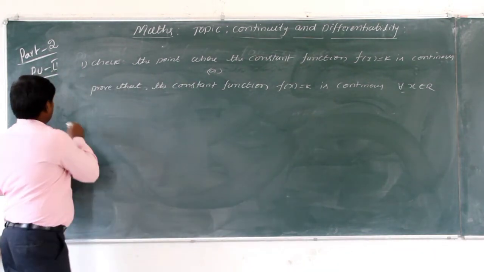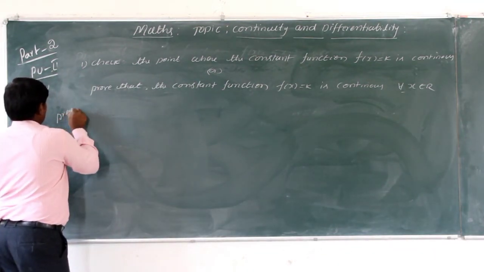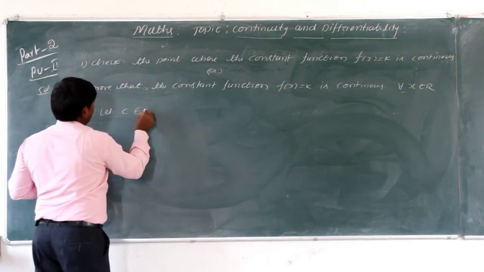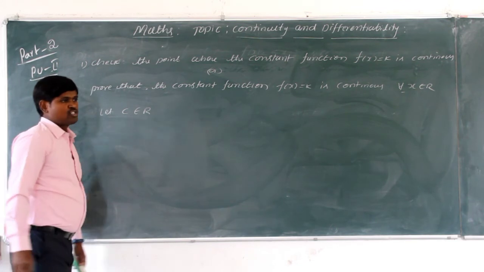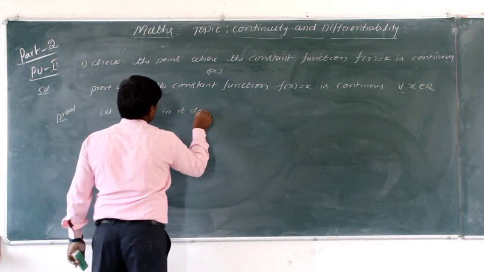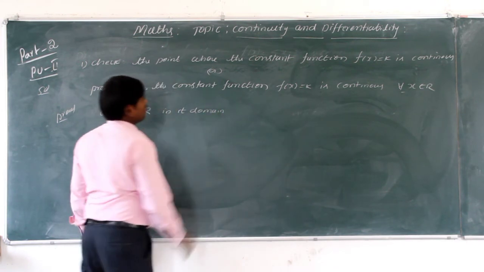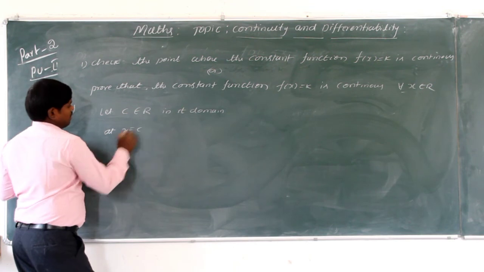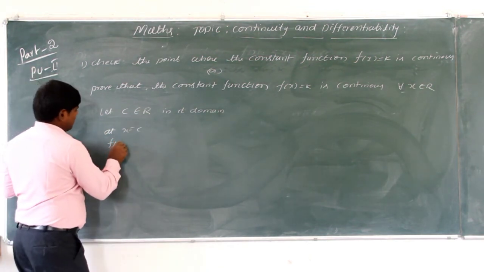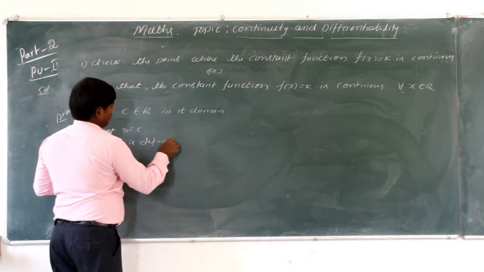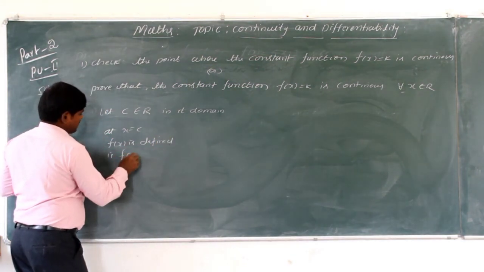So proof. Let c belong to any real number in its domain. So at x is equal to c, f of x is defined, so that is f of c is equal to what?